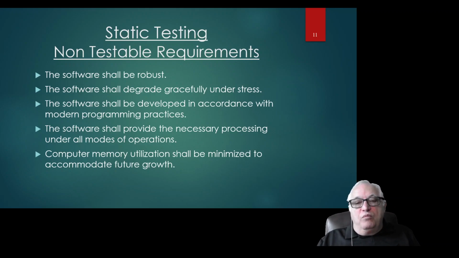So I can put numbers to those things. And finally, the software shall be easy to use. You would say the software shall be easy to use in accordance with human factors, section such-and-such. So you always want to make sure you have standards and numbers associated.